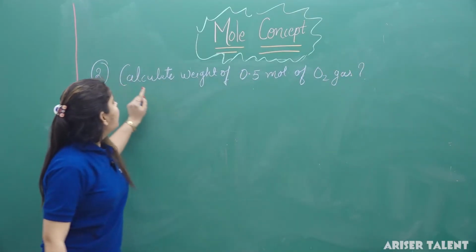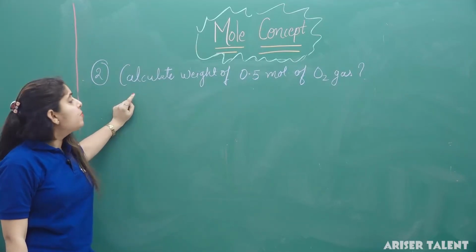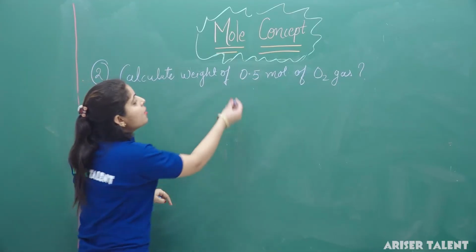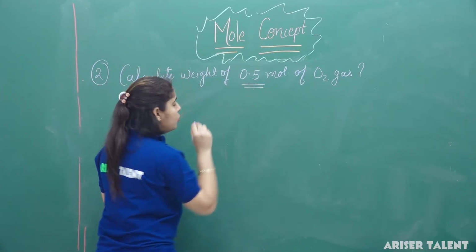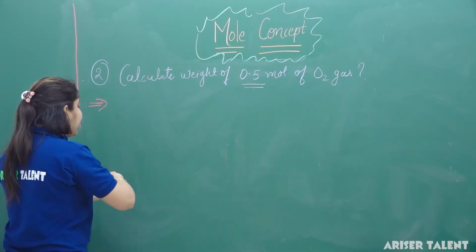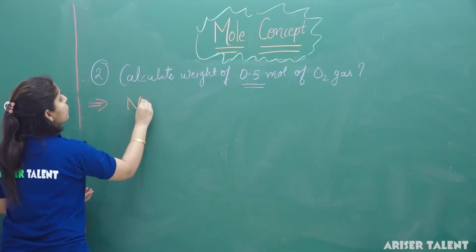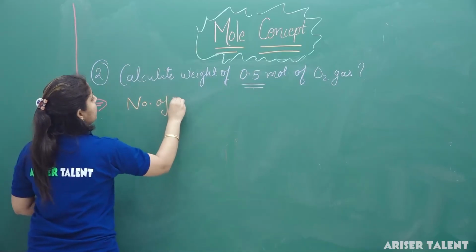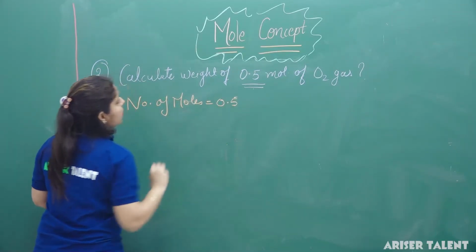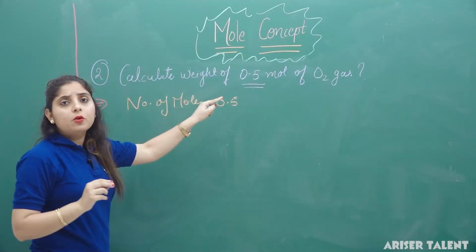So we have to calculate the weight of 0.5 mole of O2 gas here. So in this situation we are provided with the number of moles, that is equal to 0.5. Now we have to calculate the weight of the O2 gas.